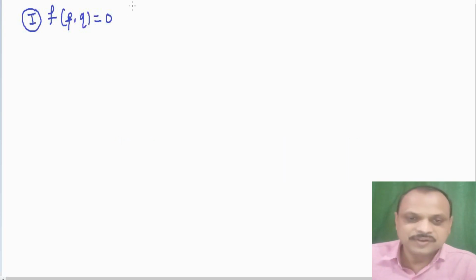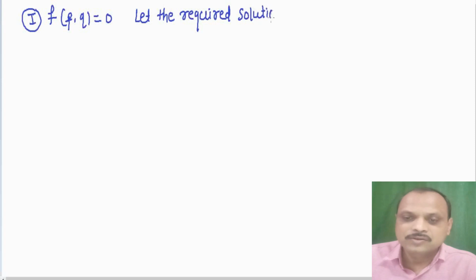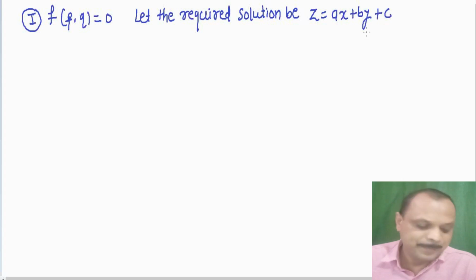The method of solution is: let the required solution be z equal to ax plus by plus c.